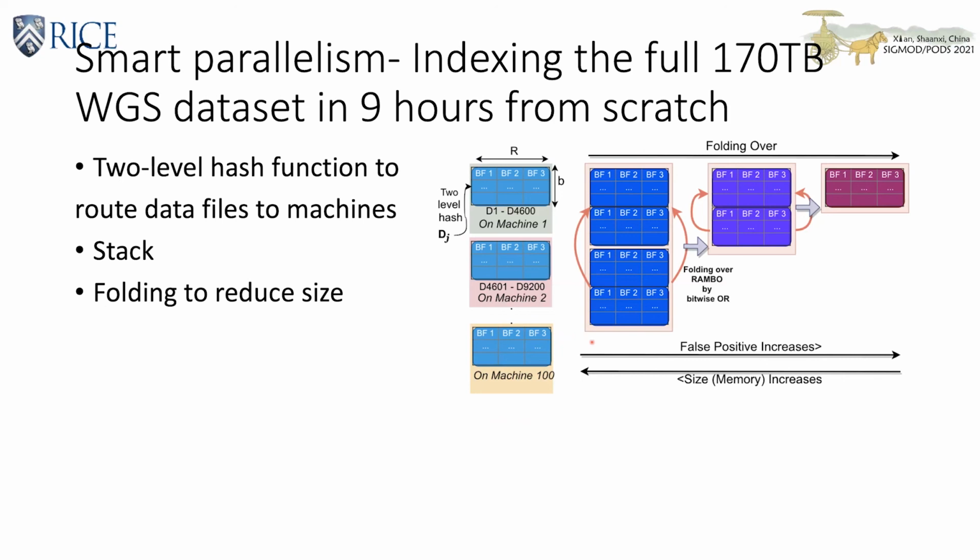This process is called folding. So here, say the size is S, and after folding the size becomes S by 2. In this case, it becomes S by 4, and so on. However, the false positive rate increases accordingly with folding.